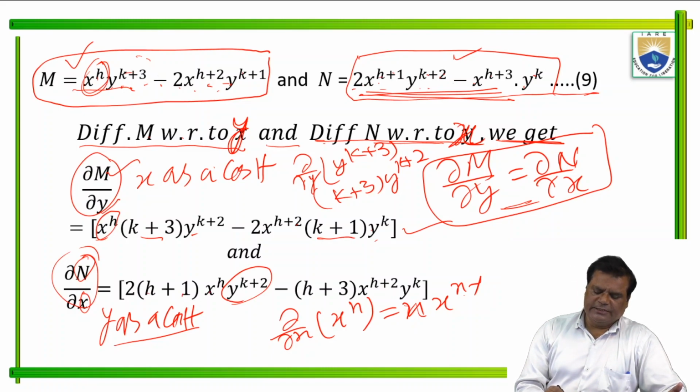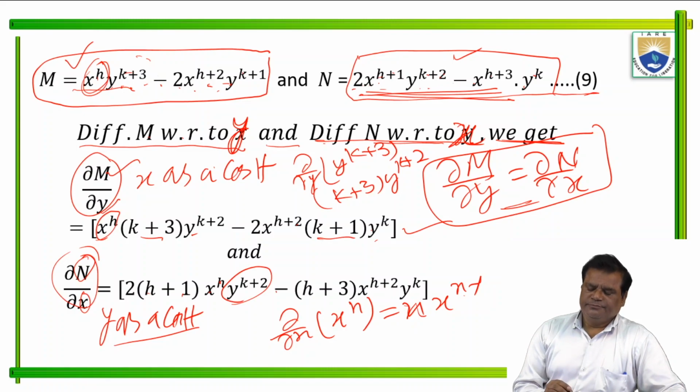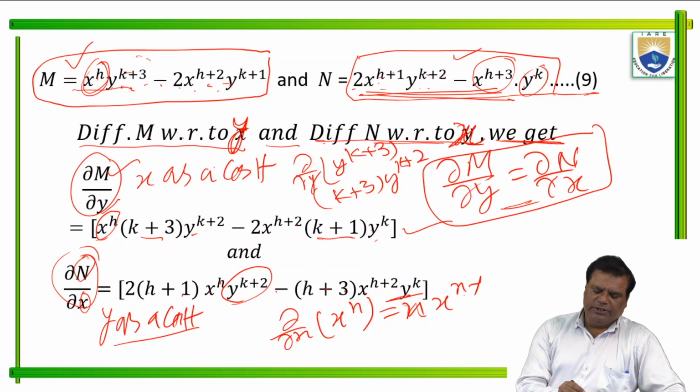So (h plus 1) x to the power h, and differentiating x to the power h plus 3 gives (h plus 3) x to the power h plus 2, with y to the power k kept constant. So both derivatives are taken.